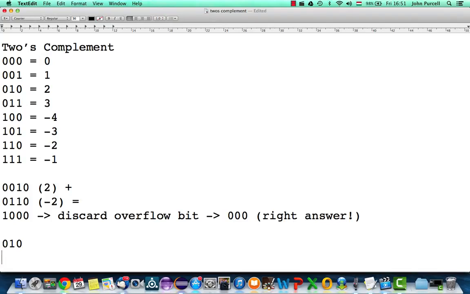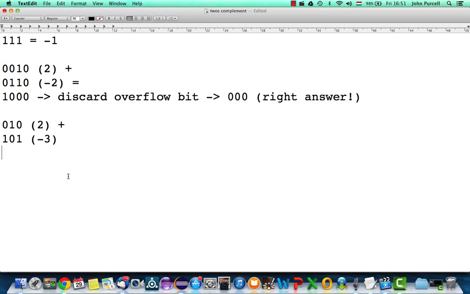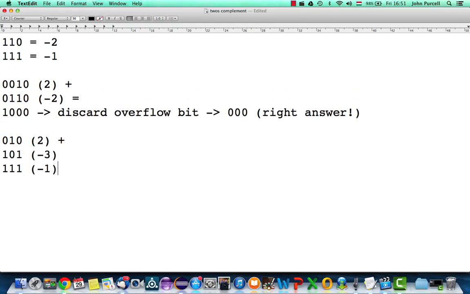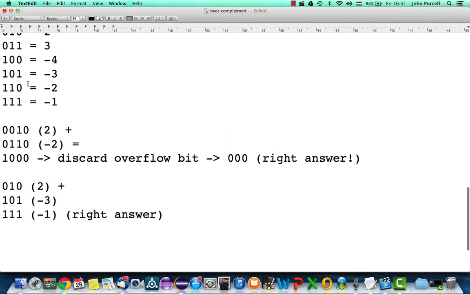So this is 2, and let's add minus 3, 1, 0, 1, negative 3. Then we get from that 1, 1, 1. It's quite easy to see the answer. We're just adding 1s and 0s in each case. And 1, 1, 1 is minus 1. Right answer. So there we go.